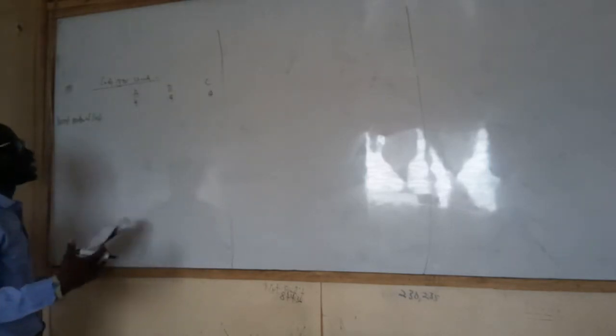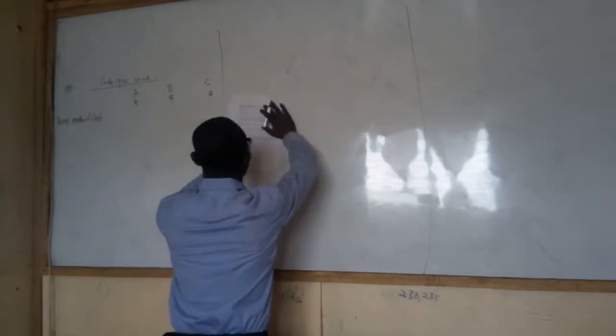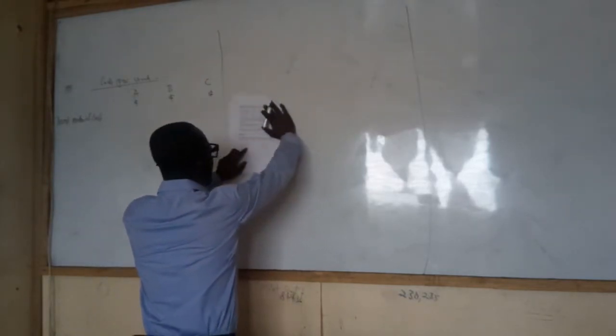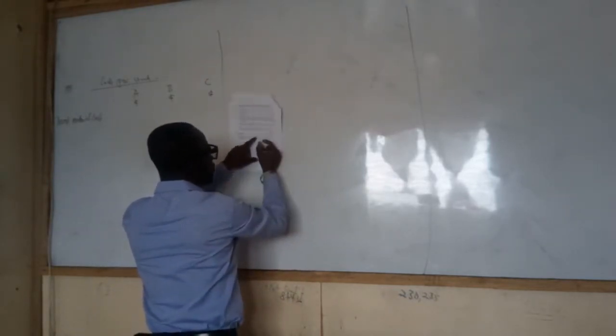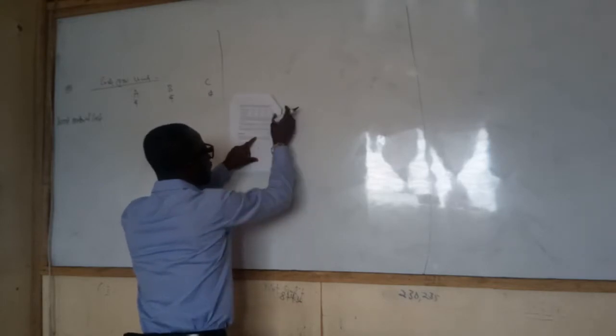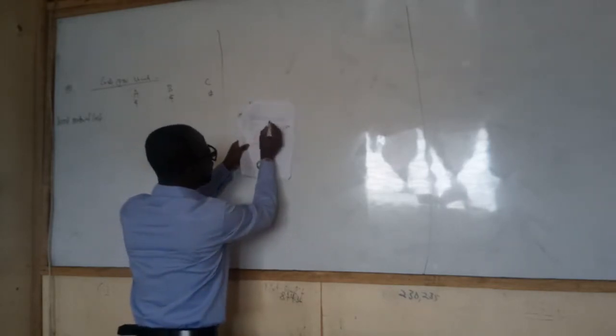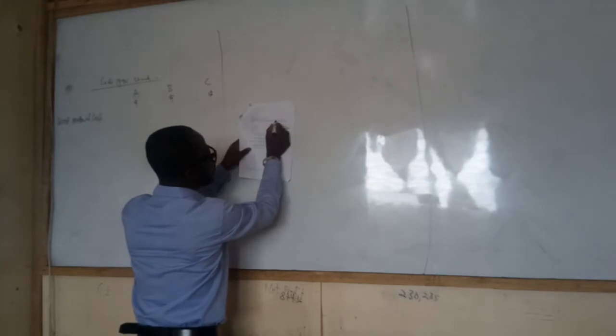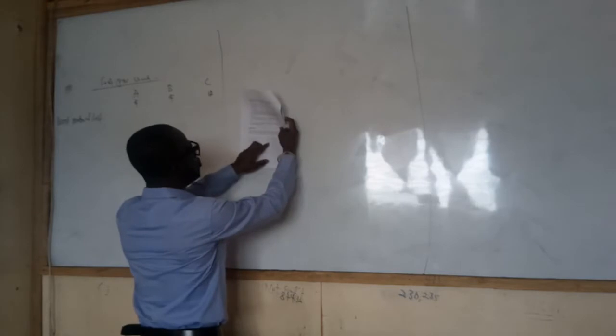Now, I'm not going to be writing a couple of things, so you make sure you follow me. So raw material usage in kilogram per unit, A is what? 2 kilograms. What is the price per kilogram? It's on the flip side here as 1.2. So 1.2 times 2, what do I have?